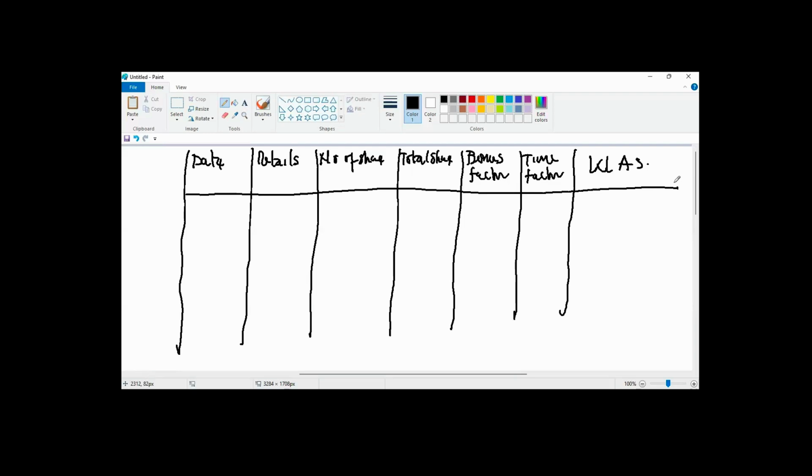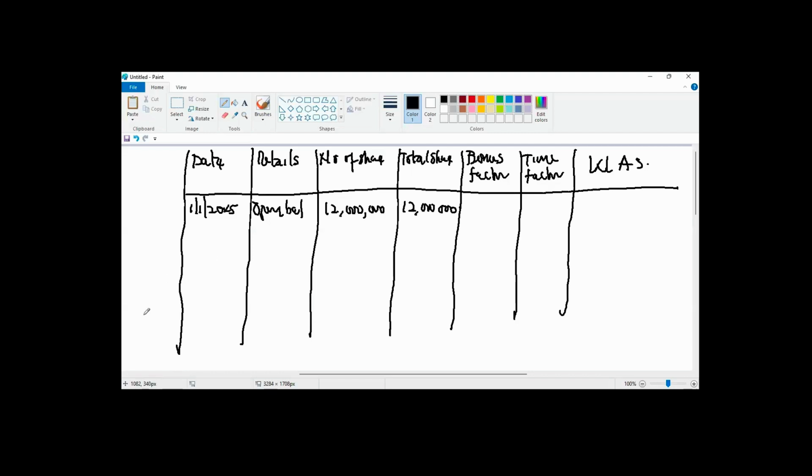The question says, on 1st January 2005, the number of shares in issue was 12 million. So the opening balance is 12 million, and the total will be 12 million.